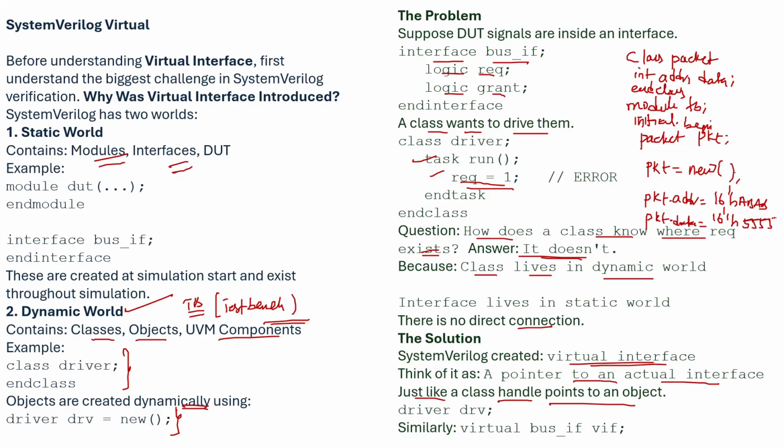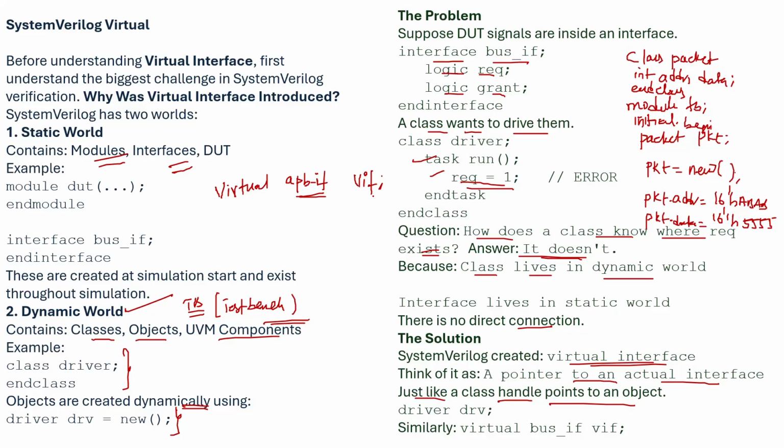In the same way, whatever interface we are having, before that we use this virtual keyword. Virtual, some app interface we are taking. For this app interface I'm using the handle called virtual interface VA. Understood, right?